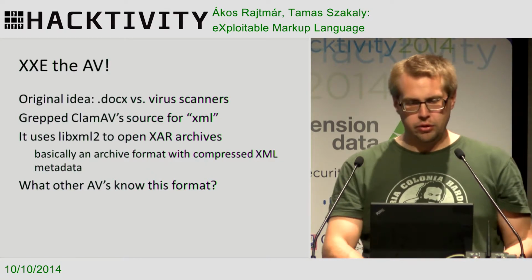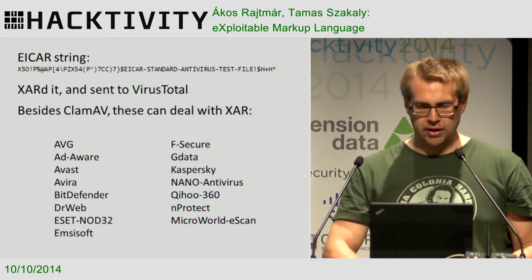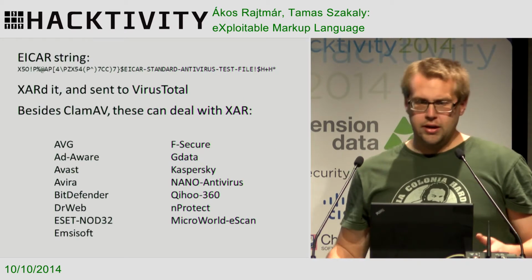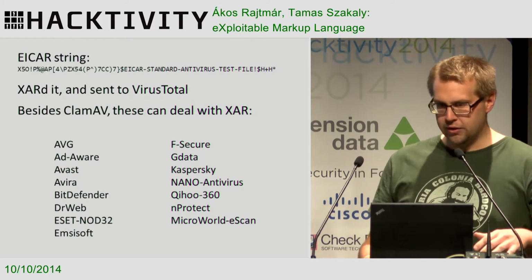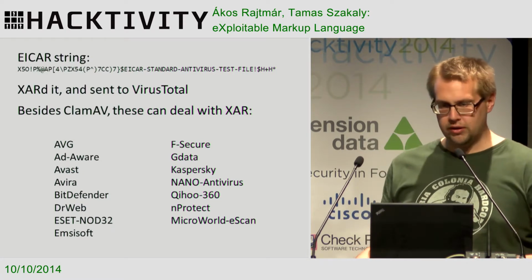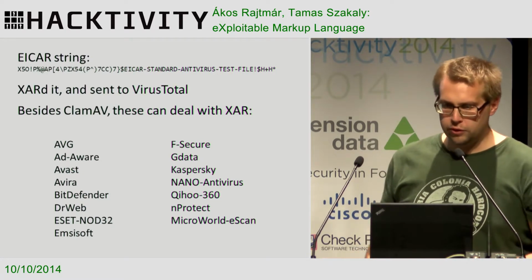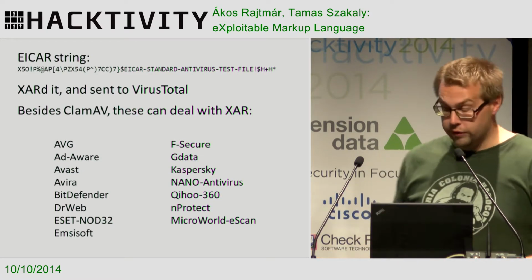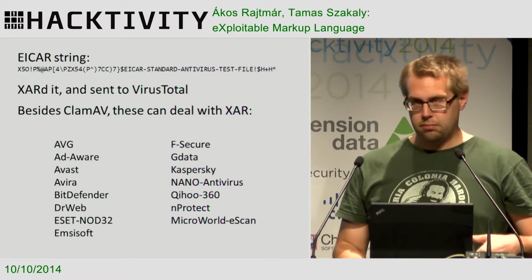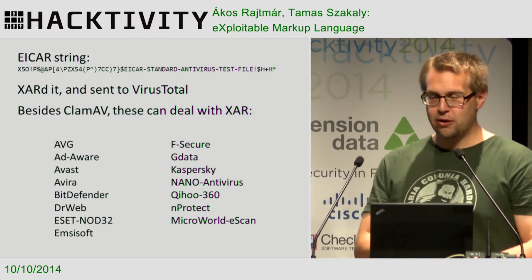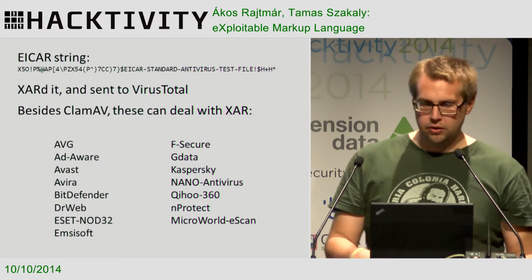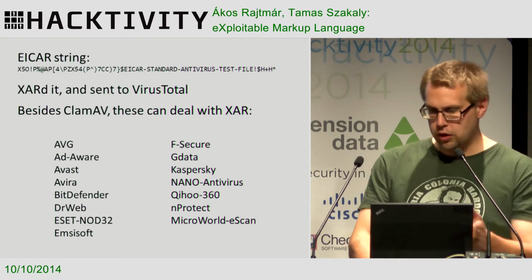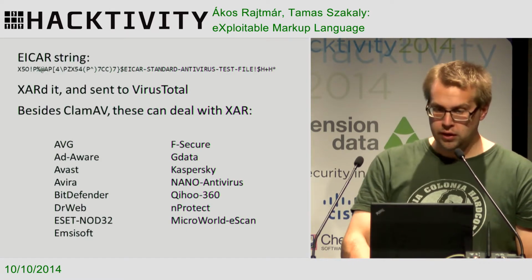We wanted to know what other antivirus software know about these formats, so we picked the EICAR string, which is a standard test virus, and we compressed it, XAR'd it, and sent it to VirusTotal. And in addition to ClamAV, these are the antivirus software that actually can deal with XAR.